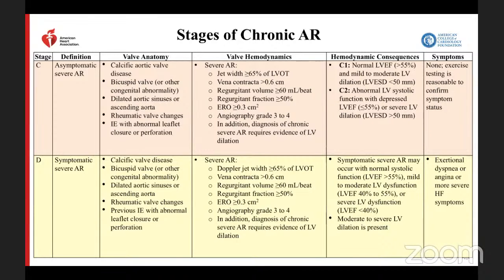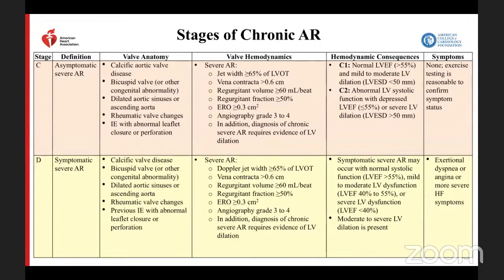For C2, the patient will have abnormal left ventricular systolic function, ejection fraction less than 55%, or severe LV dilatation, with end systolic diameter more than 50. The patient will have no symptoms, or if exercise testing is done, it is reasonable to confirm the symptom status.